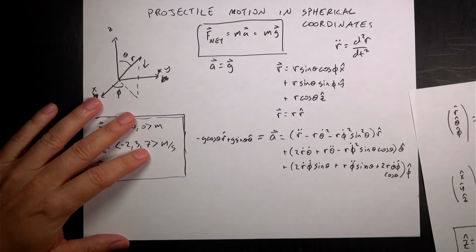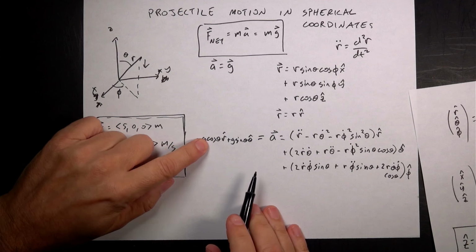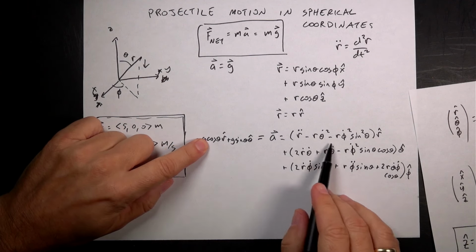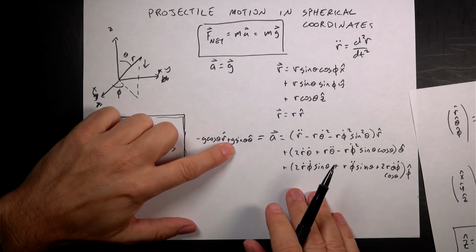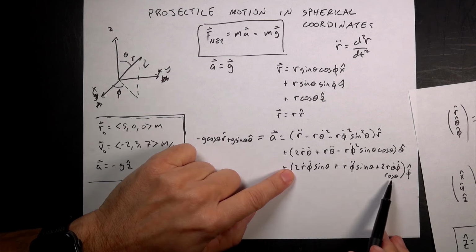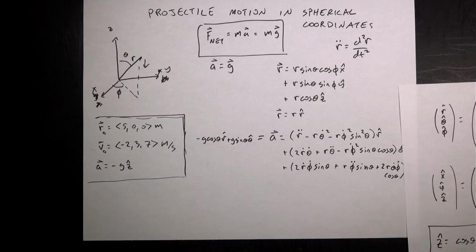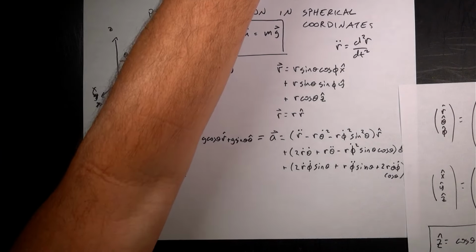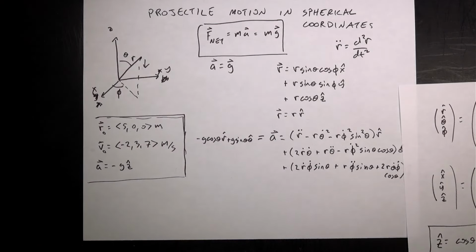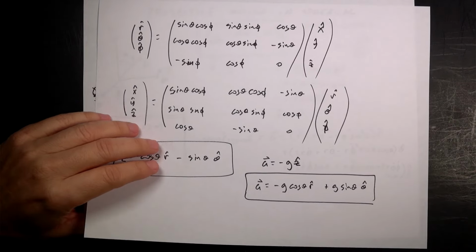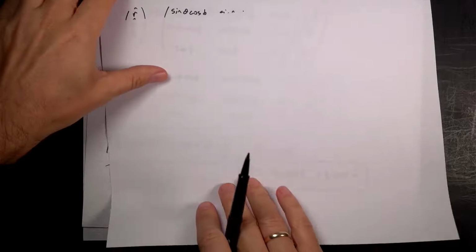This tells us something really important, right? Because now I know the r hat component of the acceleration has to be equal to this. The theta hat component of the acceleration has to be this. And this term has to be 0. So I actually get the following 3 equations. Where did I write those? I'm going to write those over here. Okay, so let's write those down. I'm going to run out of paper. I already see that.